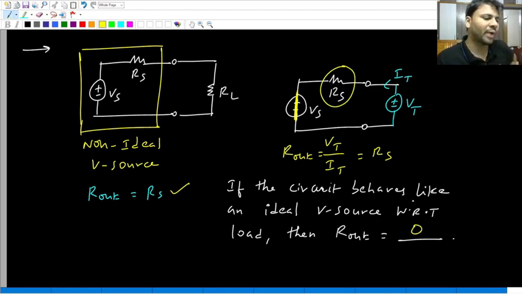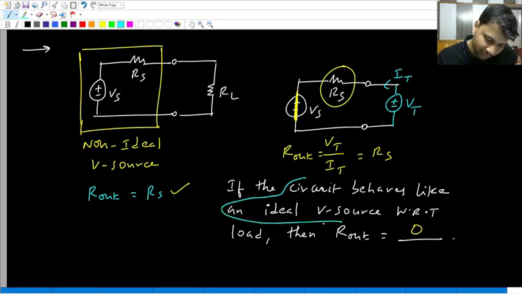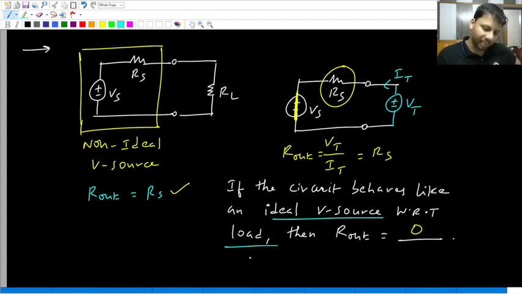So if you find that any circuit behaves like an ideal voltage source with respect to load, directly you can say the output resistance of that circuit is 0. But how do you determine if any circuit behaves like an ideal voltage source with respect to the load? For the circuit to behave like an ideal voltage source with respect to load, what is the requirement?